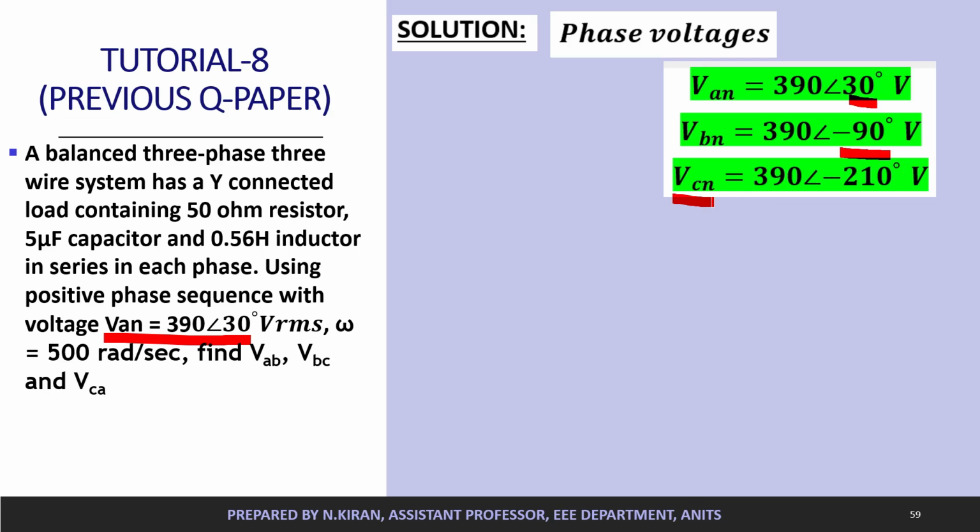Similarly VCN will be 120 degrees displaced from VBN, so we get minus 210 degrees. The magnitude will be the same since it is a balanced three-phase circuit.